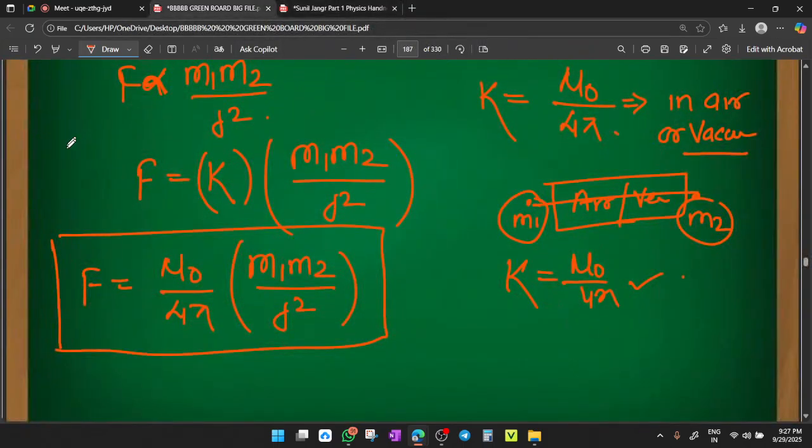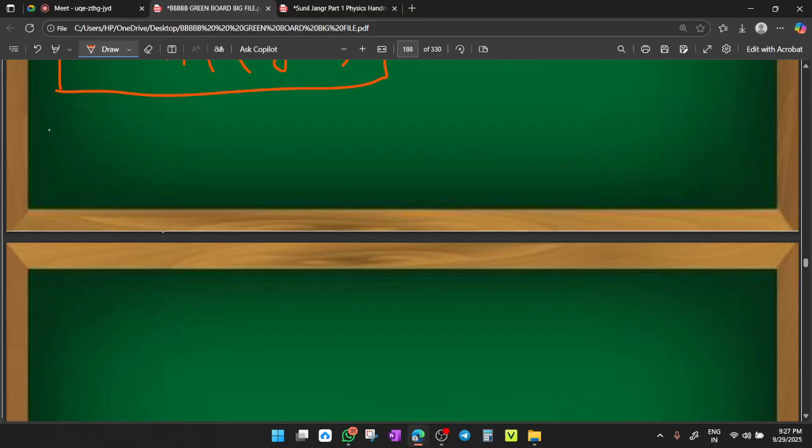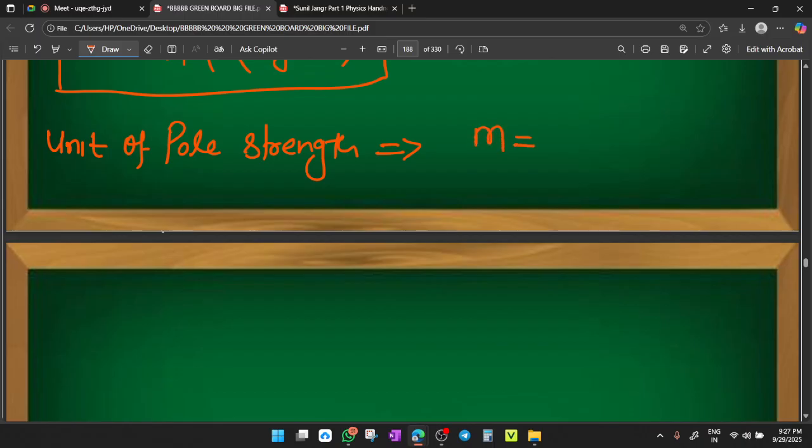Remember the unit of pole strength. Tell me the unit of pole strength.